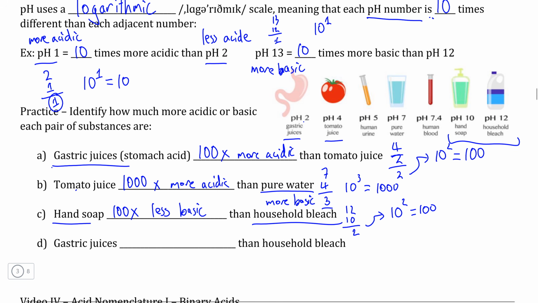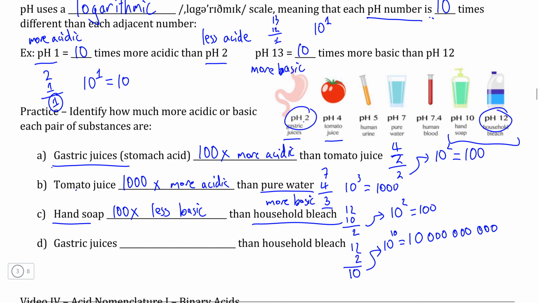Now here, if we compare extremes on this end, we can see that bleach with a pH of 12 and stomach acid with a pH of 2, that's 10 orders of magnitude different. So if we actually write out 10 to the exponent 10, that would be 1 with 10 zeros. So 1, 2, 3, 4, 5, 6, 7, 8, 9, 10. So this number is 10 billion.